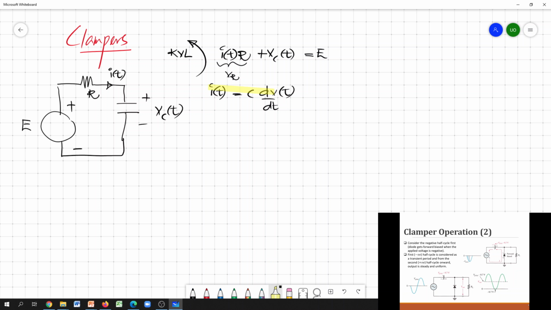So this is valid for the capacitor. By plugging it in here, we can simply replace this I(t) with C times the derivative of the voltage across the capacitor, so RC dVc/dt plus Vc(t) equals E. From this we can obtain a differential equation.